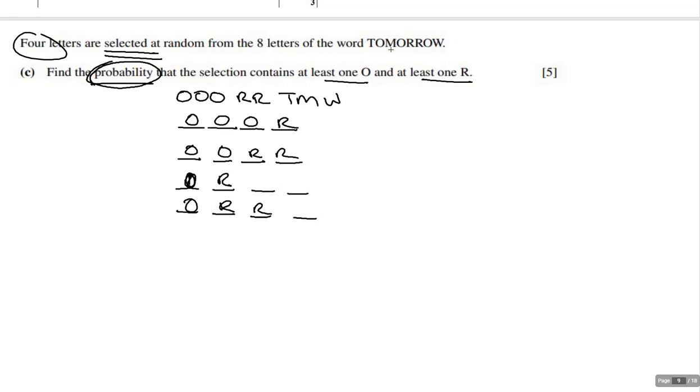What if I had 2 O's and 1 R? Would that be okay? Yes. And we hadn't done that one yet, have we?